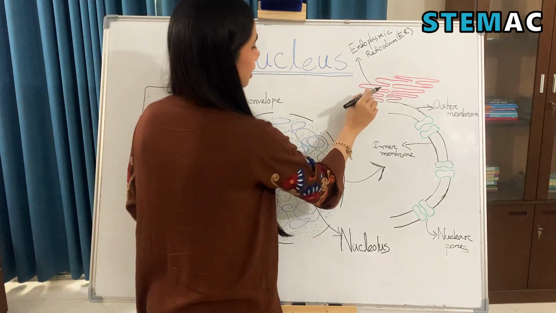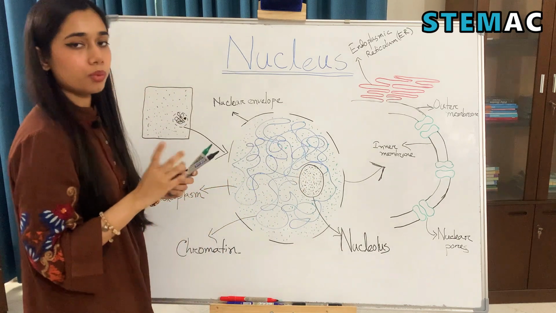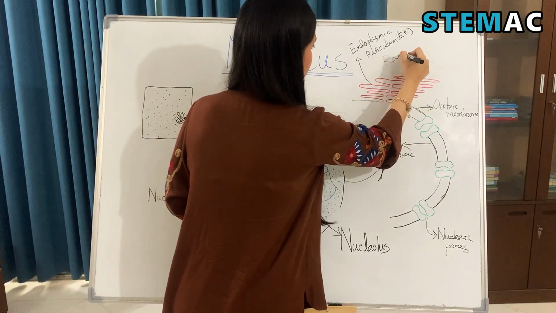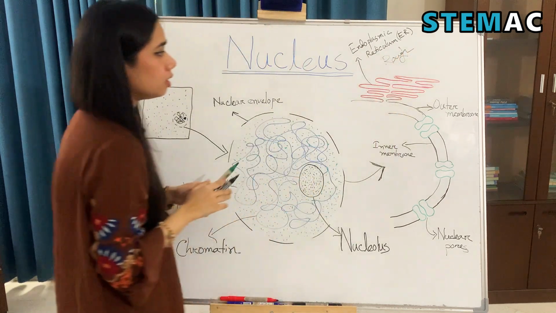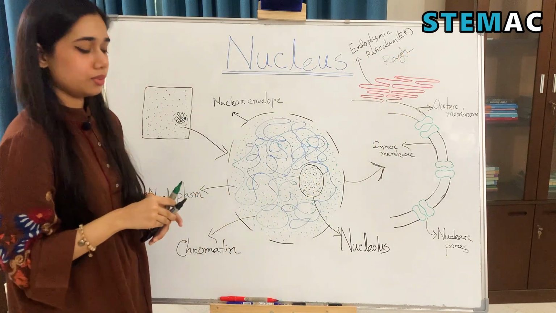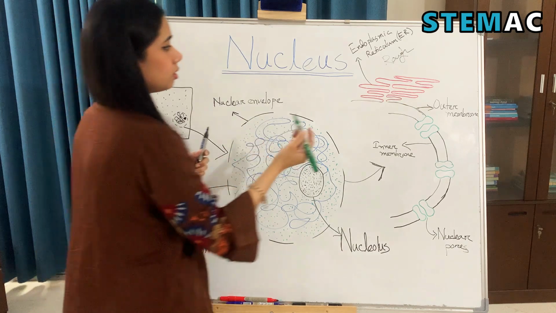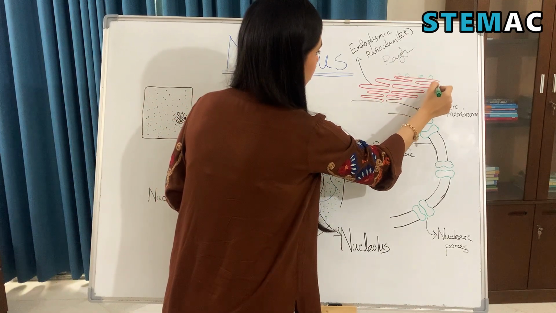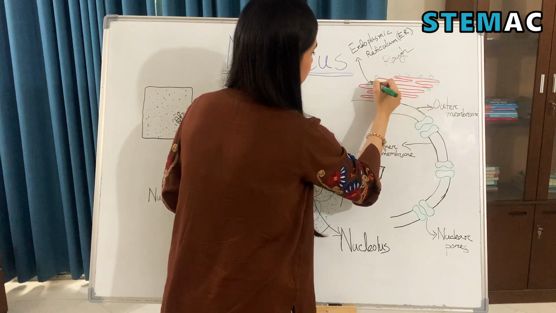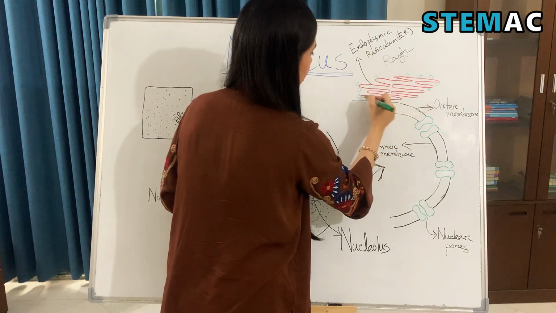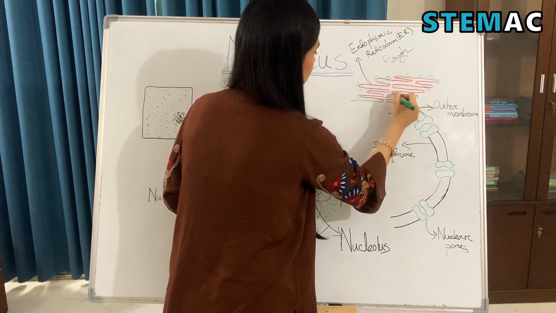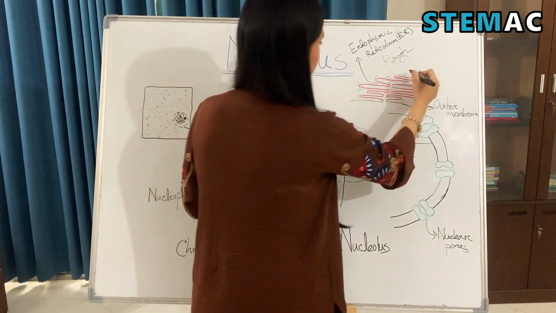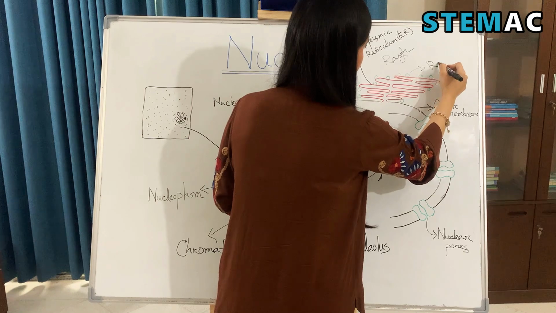In this case we're going to talk about rough endoplasmic reticulum. Now we say rough because there are some ribosomes attached to this endoplasmic reticulum. So these are ribosomes.